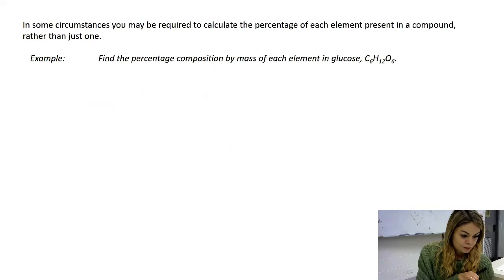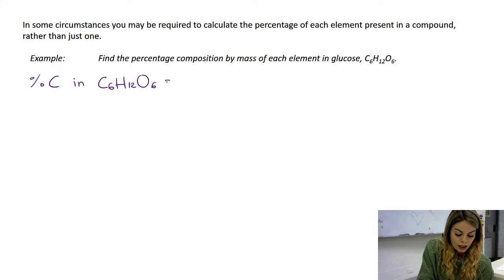Okay, another one. Find the percentage composition by mass of each element in glucose. So let's start with carbon. Percent carbon in glucose is going to be the molar mass of the carbons on the top.